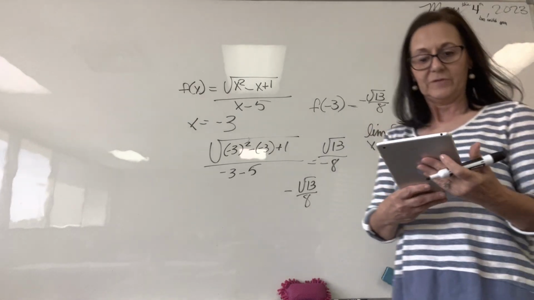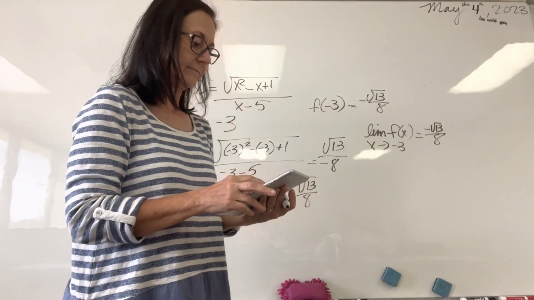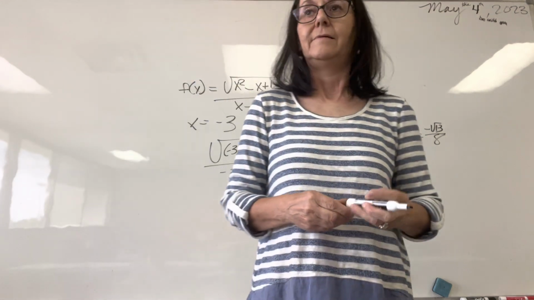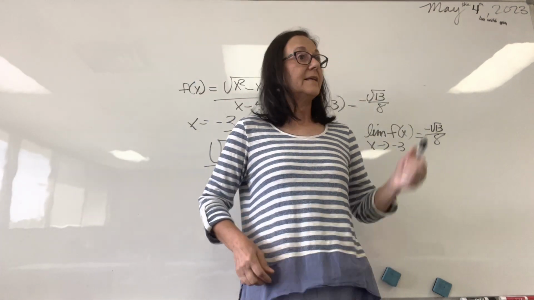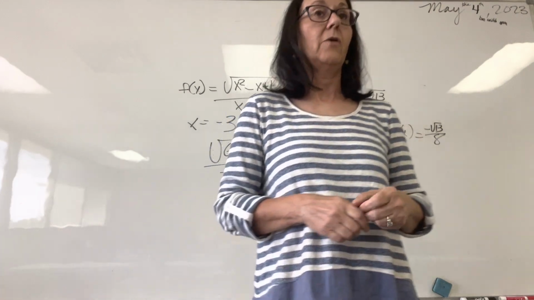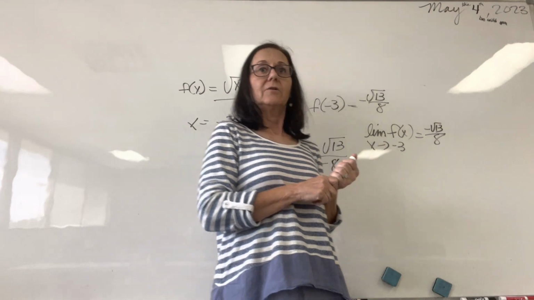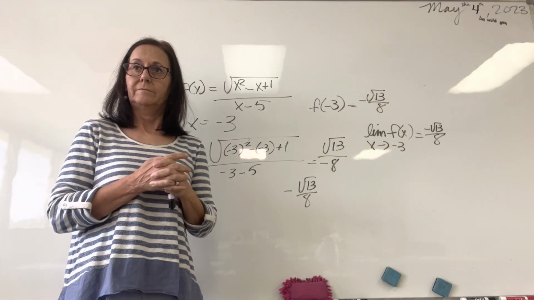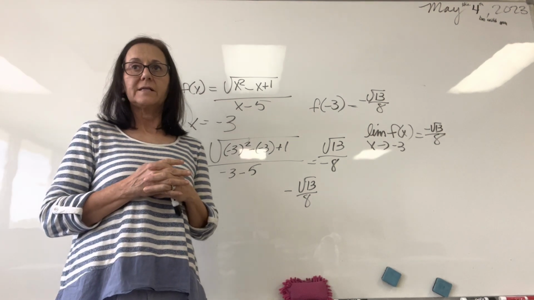Yes. I'm sorry, but how do you know that is the limit? Is it because it's not a piecewise function? This is not a piecewise function. A piecewise function has different pieces. We just have to know it's defined and that shows it's continuous, as long as you don't have a piecewise function.